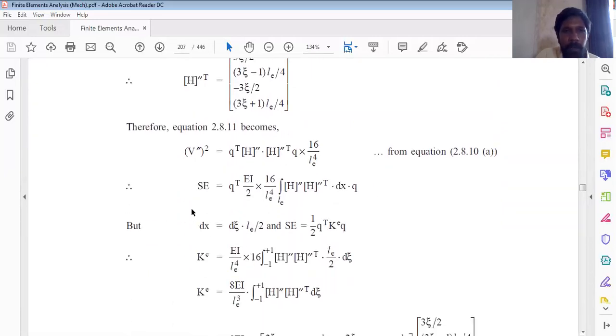Therefore, V double dash square is written as Q transpose H double dash into H double dash transpose into Q, which is multiplied by 16 by Le to the power of 4 in equation 2.8.10.